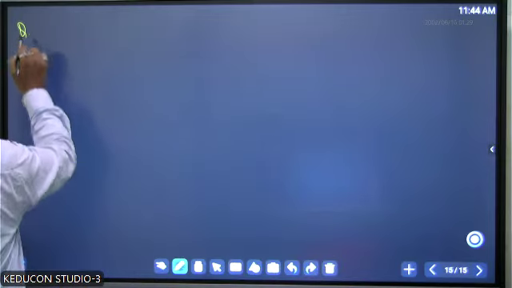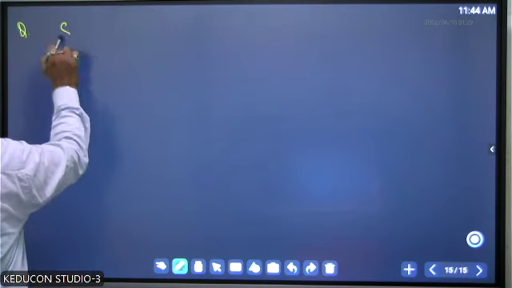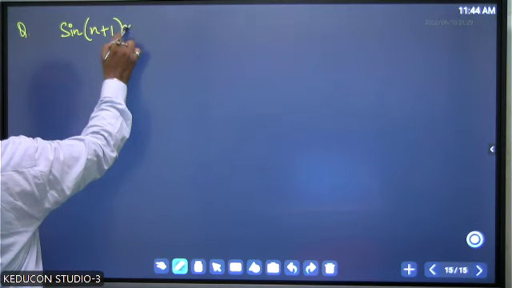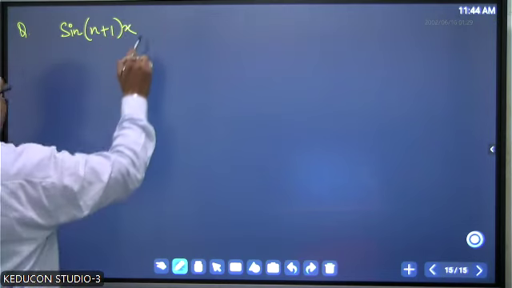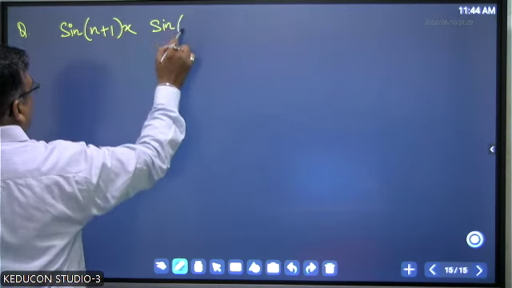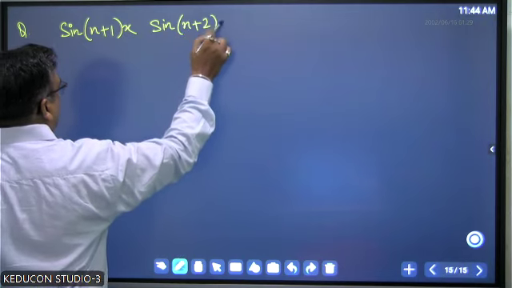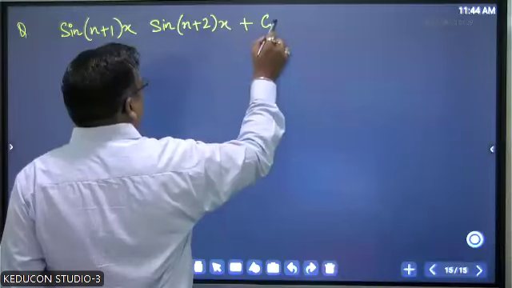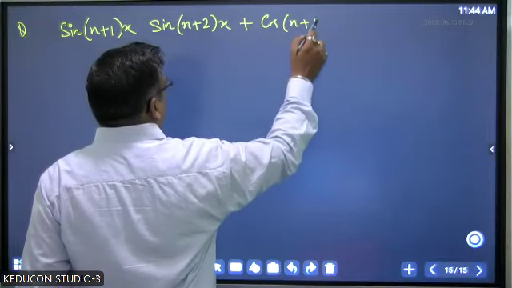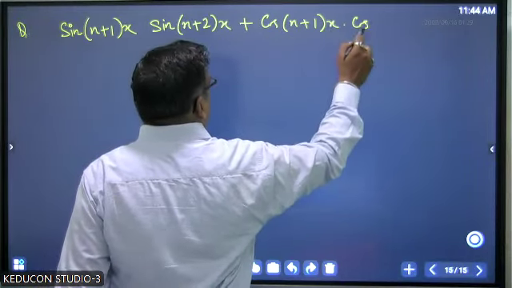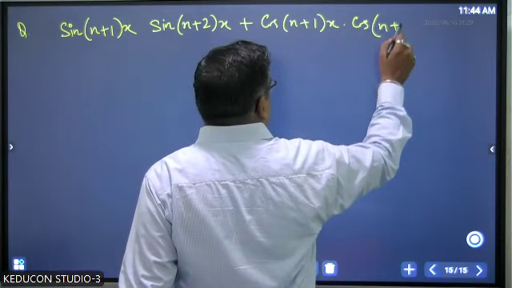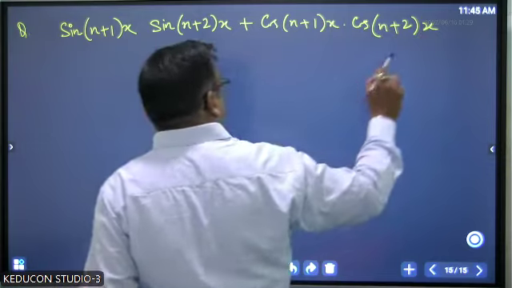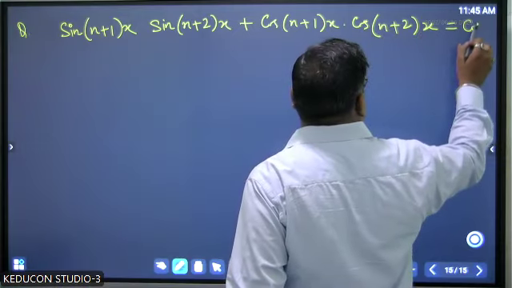The next question is sine of n plus 1 into x, sine of n plus 2 into x plus cos of... you have to prove this equal to cos.